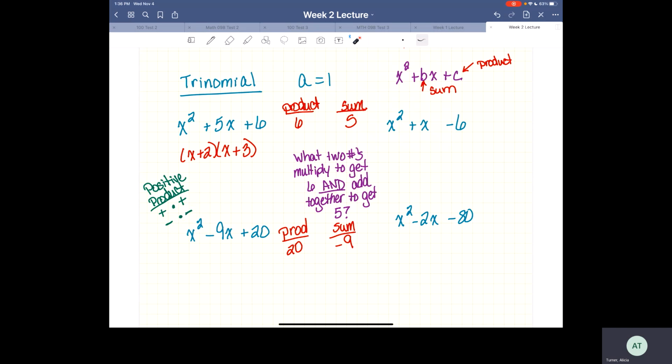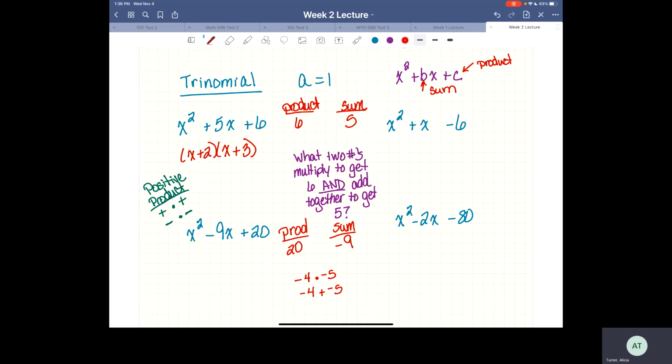So 4 times 5 equals 20. But 4 plus 5 does not equal negative 9. Okay, but if I take negative 4 times negative 5, I do get positive 20. And negative 4 plus negative 5 does give me negative 9.